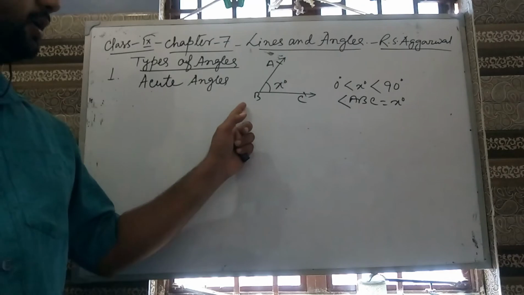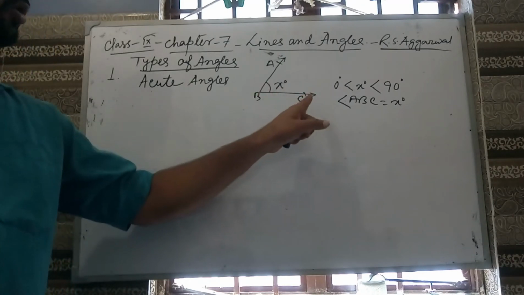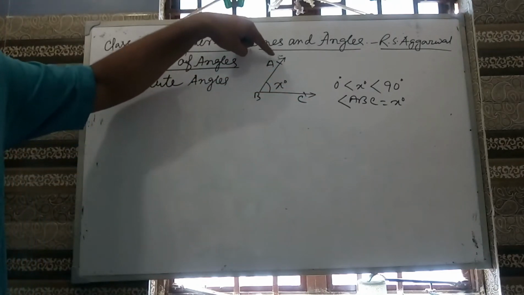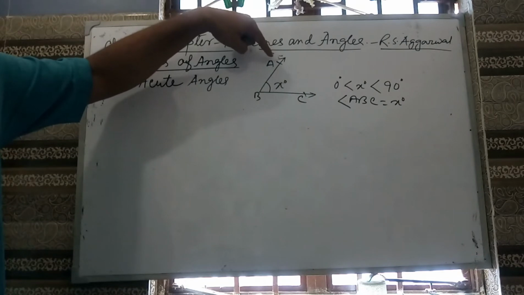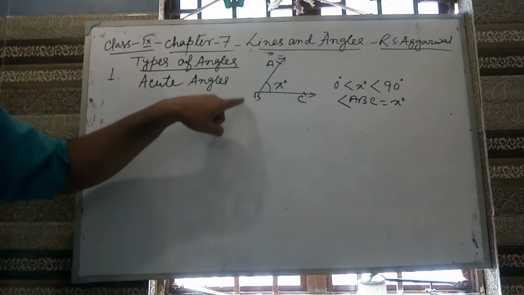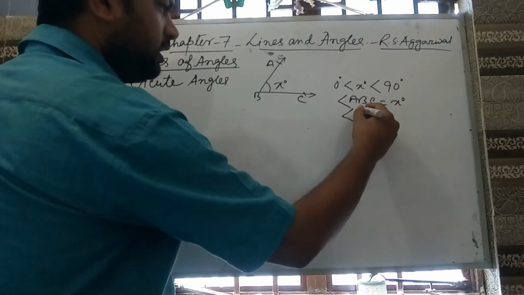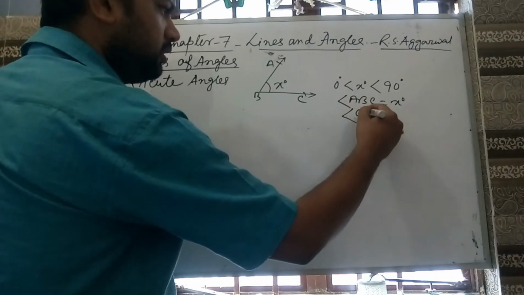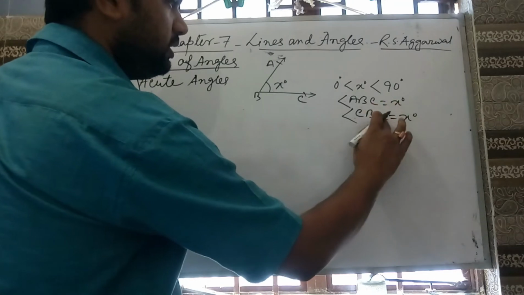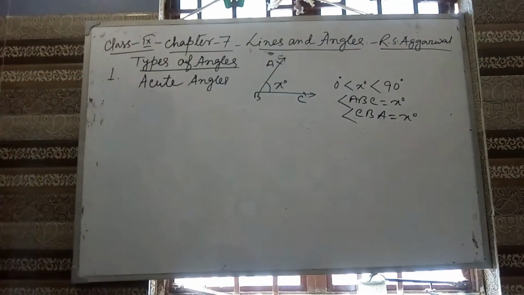Here in the figure, at point B the angle is forming. So when we write the name of the angle, we start from the other two extreme points, A, B, C or C, B, A. Angle ABC and angle CBA, both of them are correct.